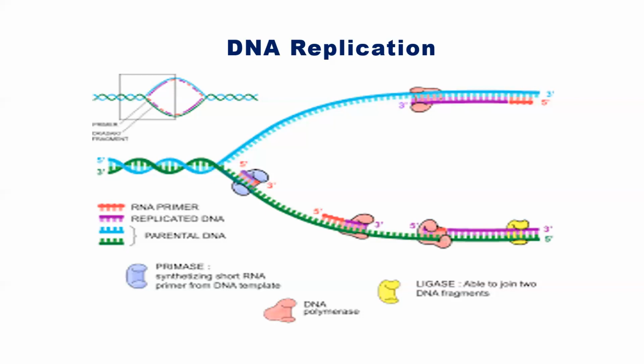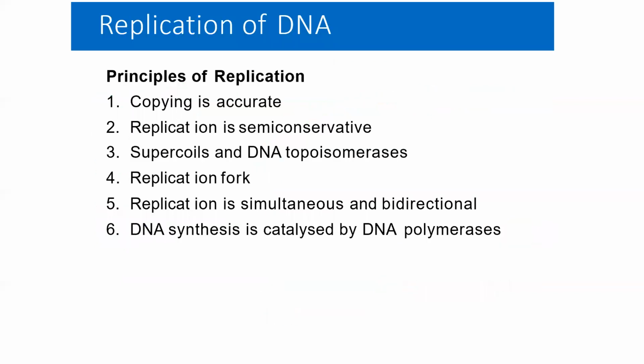The question may arise. So there are different principles of replication that I am explaining. The fourth one is the replication fork. The question that may arise here is: are the parental DNA strands unwound completely before replication?